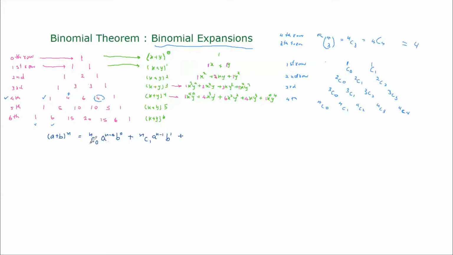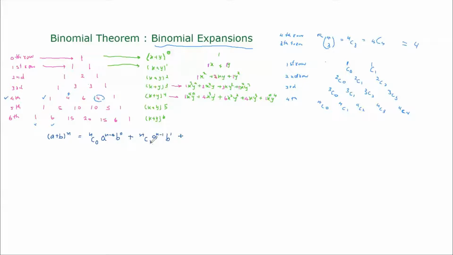Okay, so next the second term: one nC0, next one should be nC1, right? 0 and next should be 1 here, and then a to the power n minus 1, you get n minus 1 here. And b^1 here, that means you get from 1 here.